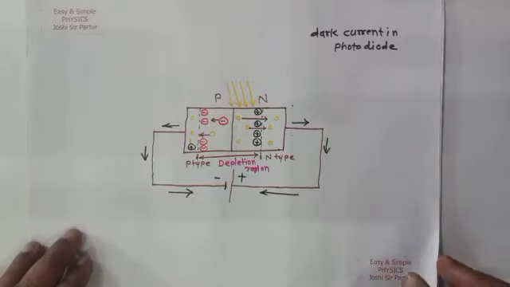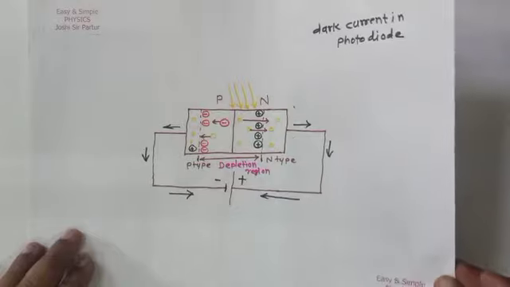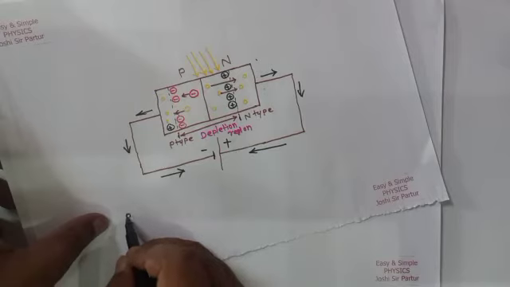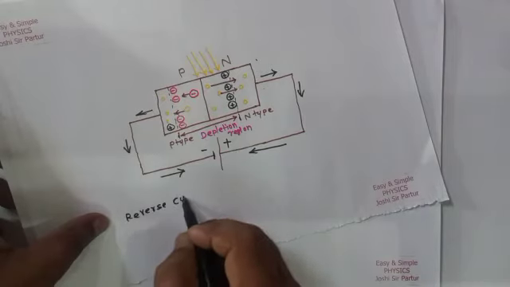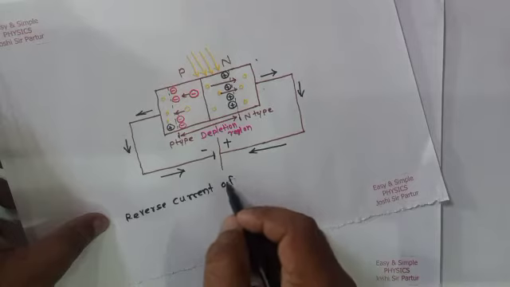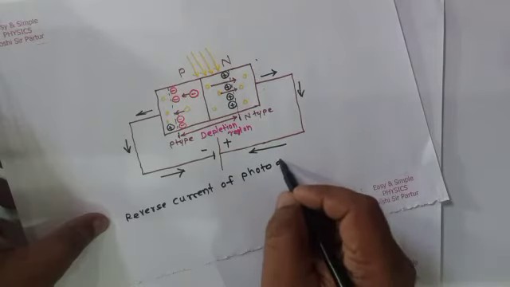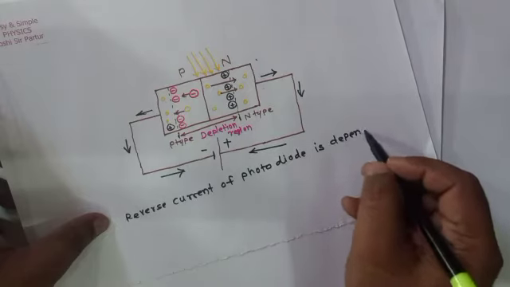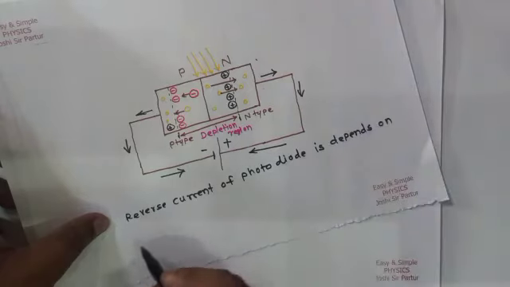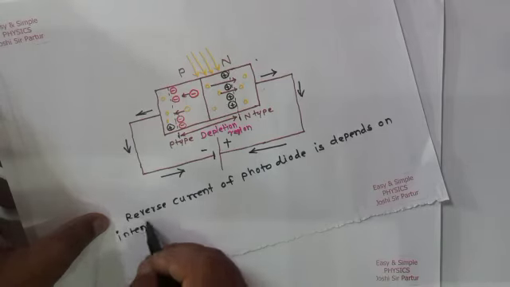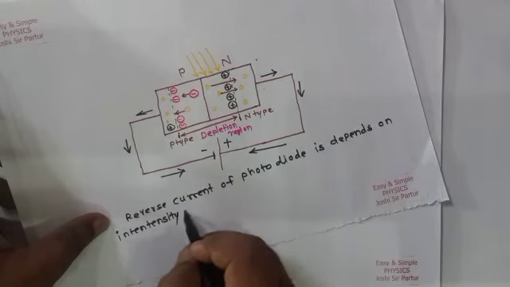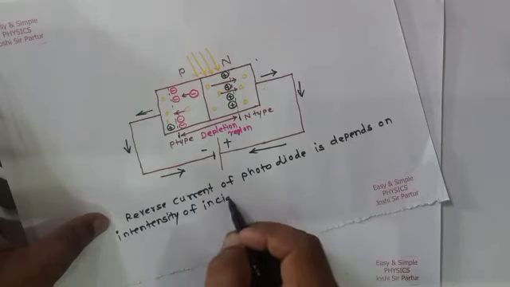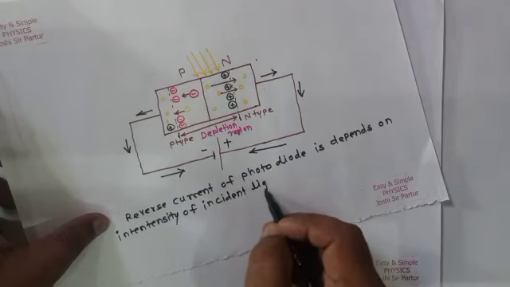The reverse current of a photodiode depends on the intensity of incident light.